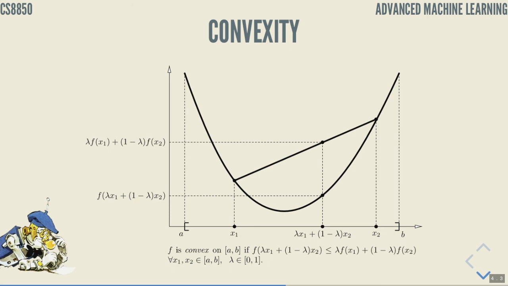So first of all, it's the convexity. A function is convex if, for any two values x1 and x2, the value of the function in between them, and on the line, like this, is a linear interpolation between x1 and x2.